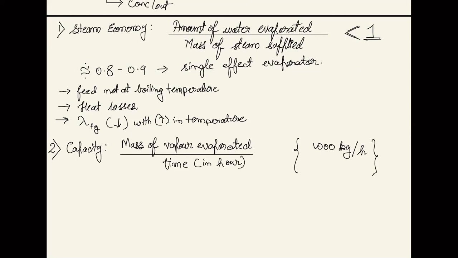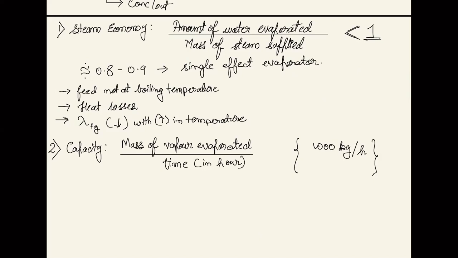So I need to have some temperatures fixed. Let's say tomorrow it's not water, it's some different solvent, and its boiling point is say 120 degrees Celsius. You will have to use steam of temperature higher than 120 degrees Celsius, and now as your temperature is increasing, the latent heat that can be exchanged gets decreased.